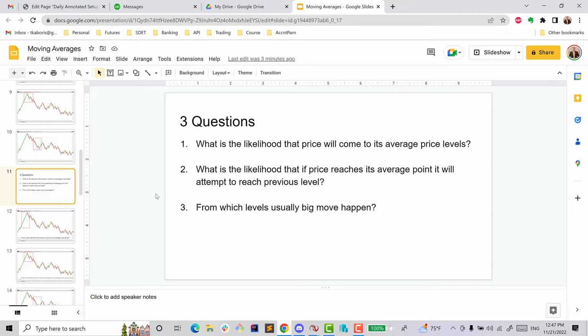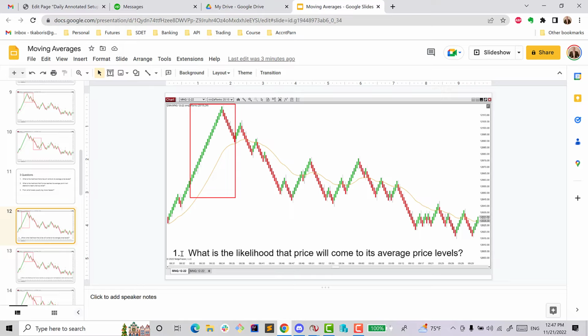If we begin here and go all the way up here, the average price is here. What is the likelihood? And notice I'm not asking what is the likelihood that price will return all the way back to this level where it started. No, I'm asking what is the likelihood it will return to the average price.